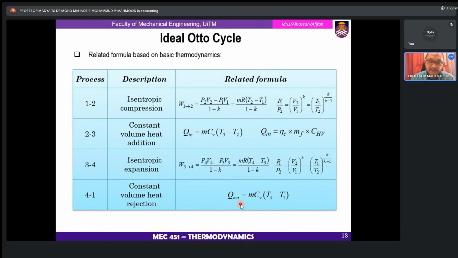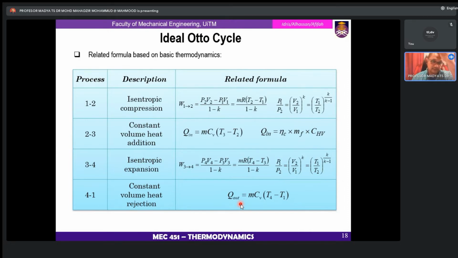As you learned earlier, air is a gas, so you can use the ideal gas equations to solve this problem. These are all the formulas based on ideal gas that you can use.